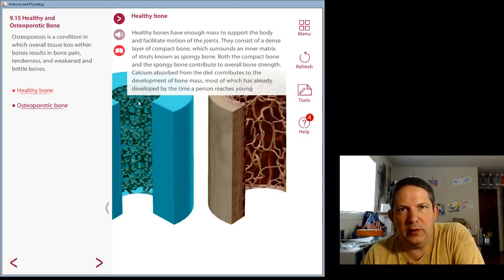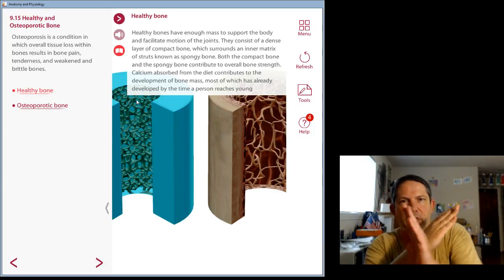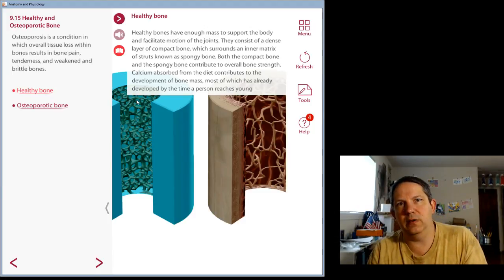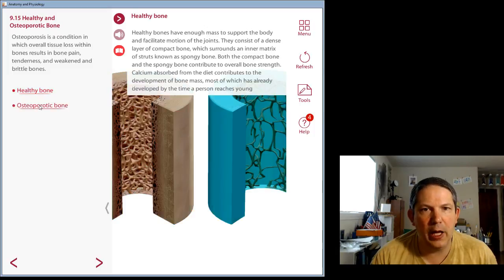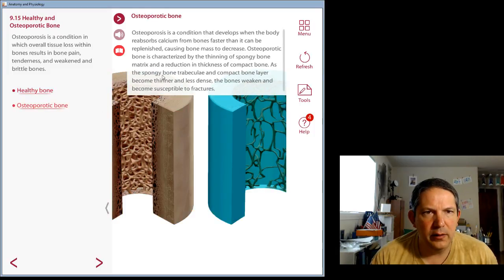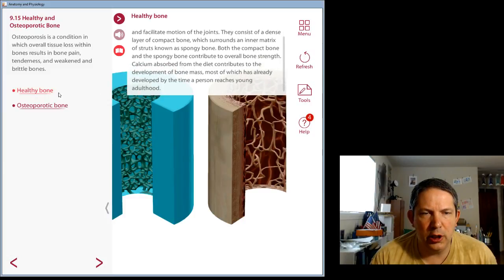The spongy bone contributes to strength because the trabeculae align based on the direction of the stress that the bone is under. Calcium absorbed from the diet contributes to the development of bone mass, most of which is already developed by the time a person reaches young adulthood.